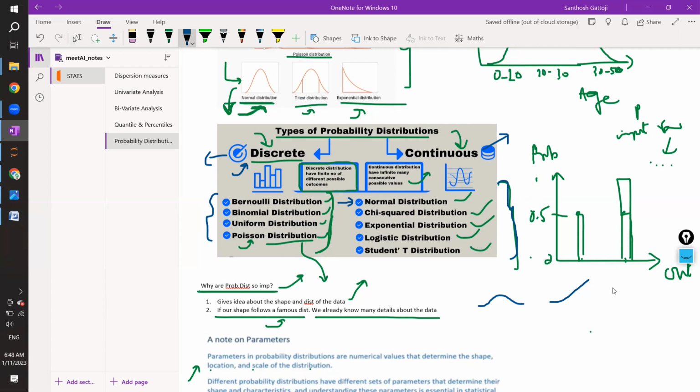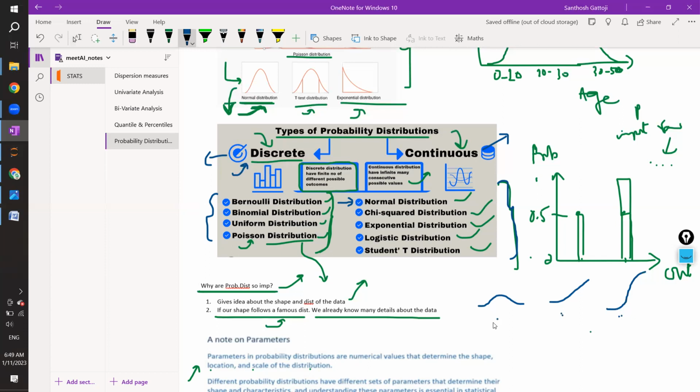There might be a particular continuous variable in the form of this. All these are continuous variables, and obviously all these distributions will be called probability density distributions, or probability density functions. Agree?